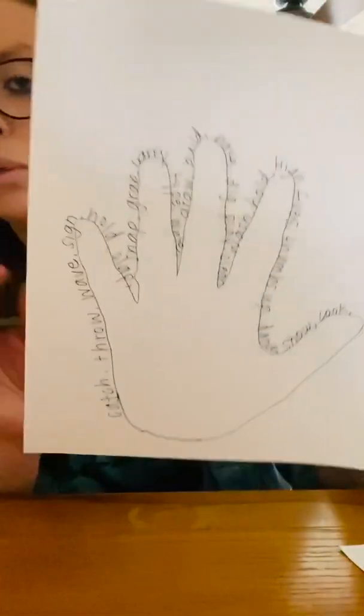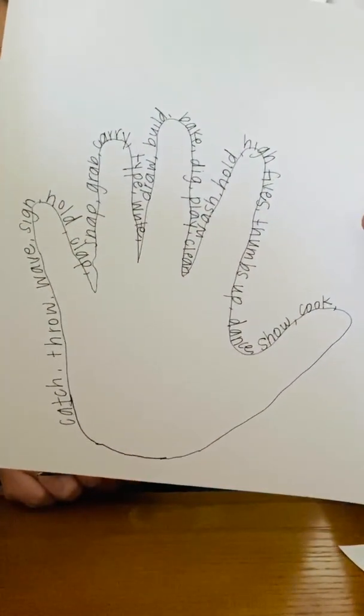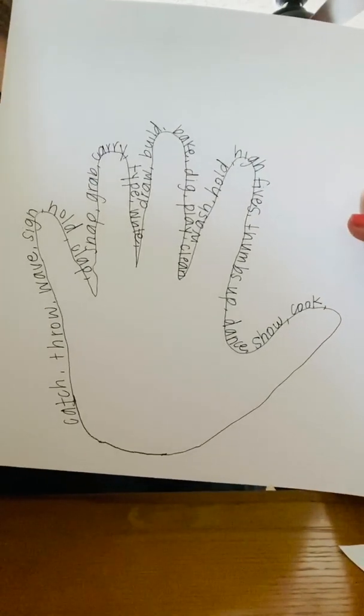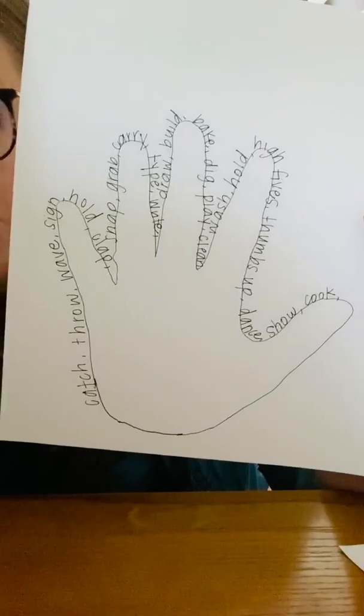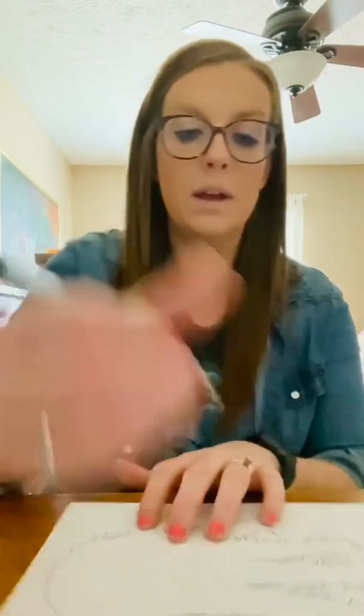So as we add more words, you can really see my poem start to take shape. Now, again, this is all I had written down so far, and I can see that I still have some space to go. So I might have to go back and brainstorm some more ideas about things that hands can do and continue to add around my poem until I've filled up my whole shape.